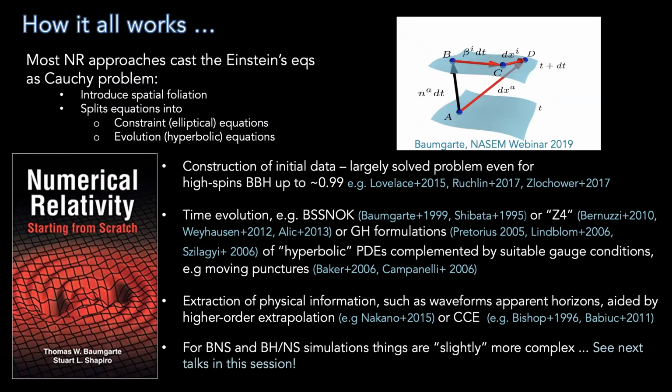So how do most of these codes work? Well, not all of them work this way, but I'm going to describe how most of these codes work. They are based on the so-called Cauchy problem, where you split the spacetime into spatial foliations, and then the equations become either constraint equations, which are elliptic, or evolution equations, which are hyperbolic.